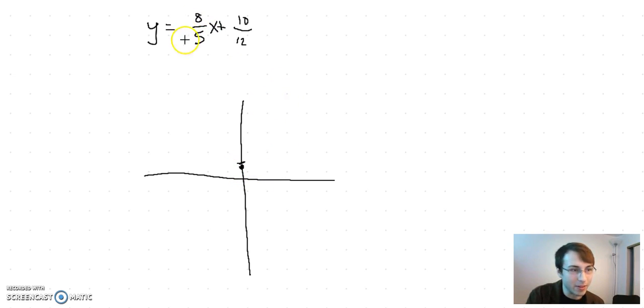But when we use the trick over 5, up 8, that makes our life a lot easier, because now we can just go over 5, 1, 2, 3, 4, 5, and we can go up 8. So this is 1, 2, 3, 4, 5, 6, 7, 8. So that's 8 right there.